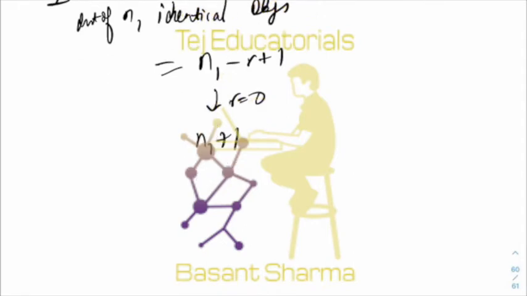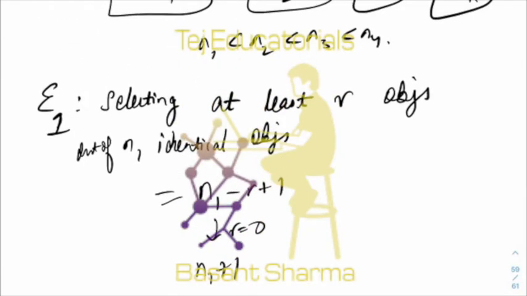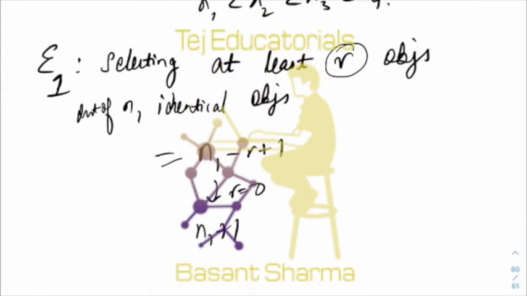We have considered the case r equal to 0 because it can so happen that I don't select anything from bag B1. So that case is also included.